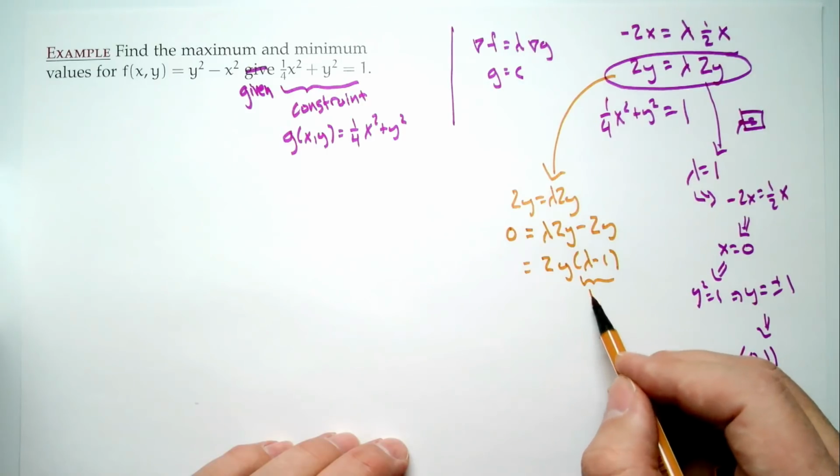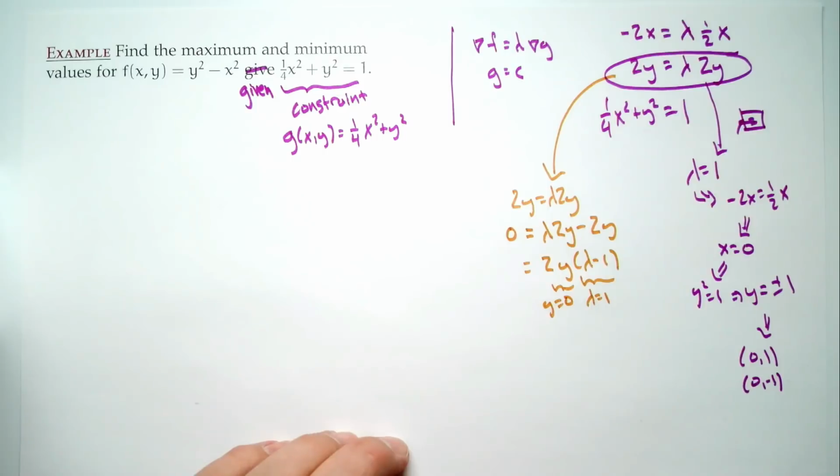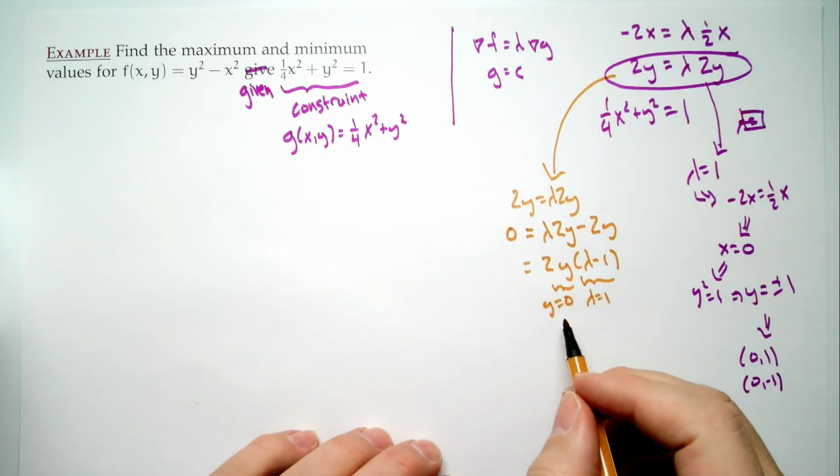So you get that lambda equals 1 is a possibility and y equals 0. So the moral is, if you can ever divide out to cancel, you can also factor out. And you should only ever divide if what you're dividing by is non-zero. So if you have something like e to the x, it's perfectly okay to divide out by e to the x. E to the x can never be 0. Okay, so we do have to worry about the y equals 0 case.